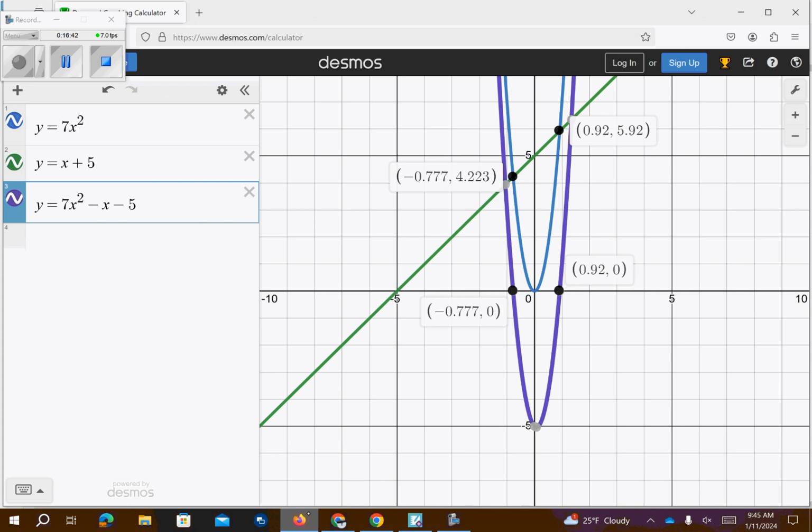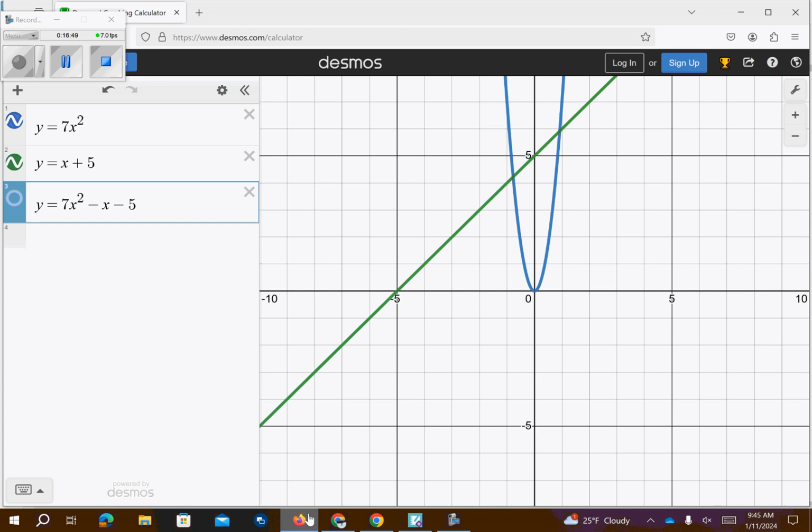So what I want you to see is the x values maintain. If I take that away, my original problem was this and this, and the two x values are where it crosses the x-axis if I had put this back together to be this type of equation.